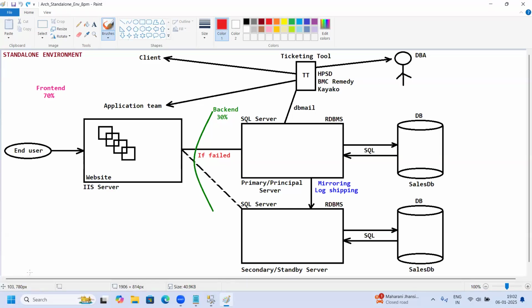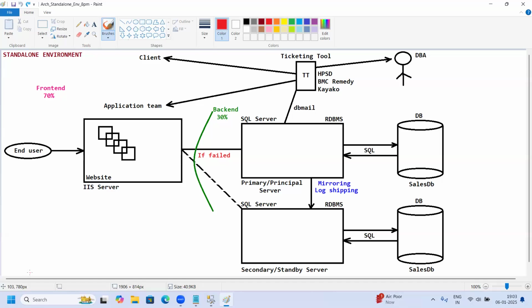Sir, excuse me. Yes, please. Sir, can we have more than one secondary server? Initially, when you talk about a standalone environment, we talk only about one primary and one standby. But if the company is ready to bear the cost, then you can have multiple standby servers also.